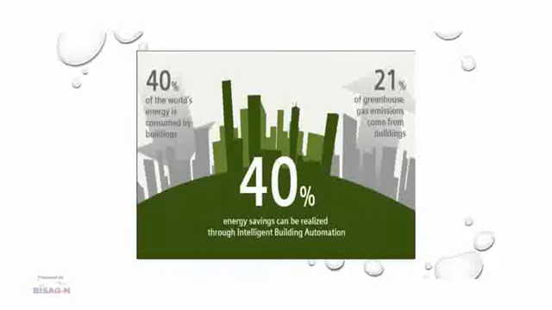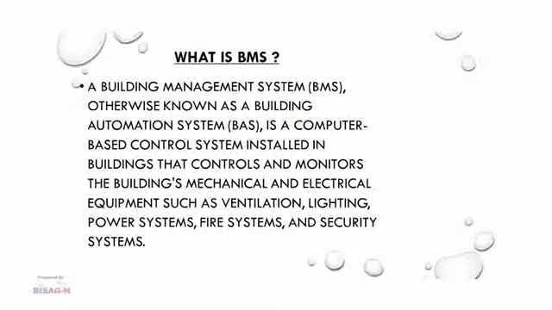Here I would like to also tell you that 40% of energy is consumed by buildings, and they also emit 21% of the greenhouse gases in the environment, and 40% of the energy can be saved by using building automation or building management system. Now I would like to tell you what exactly BMS is.